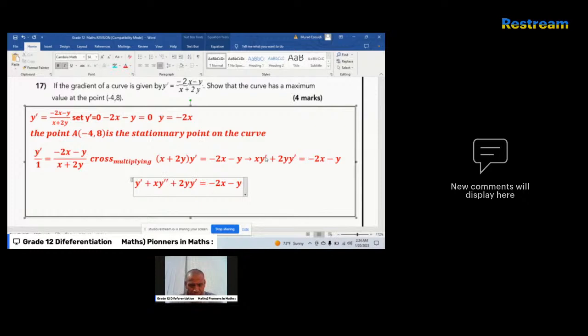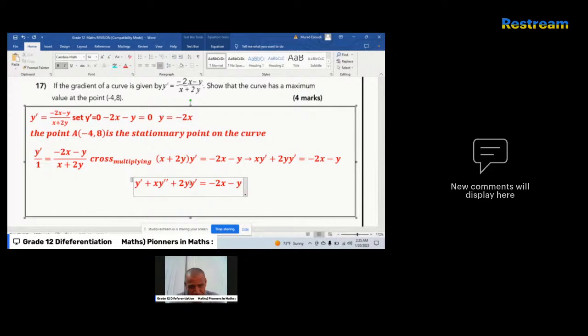Then I will move to the next one. I differentiate this, it will be 2 times the derivative of the whole function. 2y means 2y dash, with respect to x.